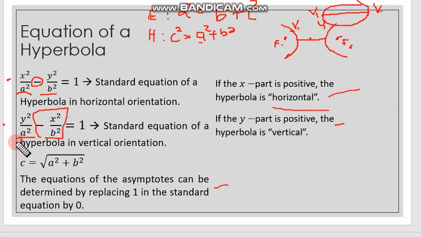That's the pattern that we look at to see the orientation of our hyperbola, because the values of the denominators can exchange. Sometimes a is greater than b, sometimes b is greater than a. The longest segment is from the center to the foci. Okay.